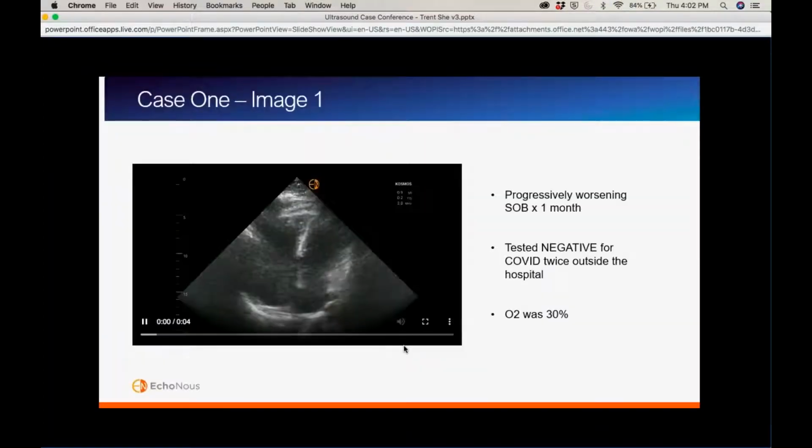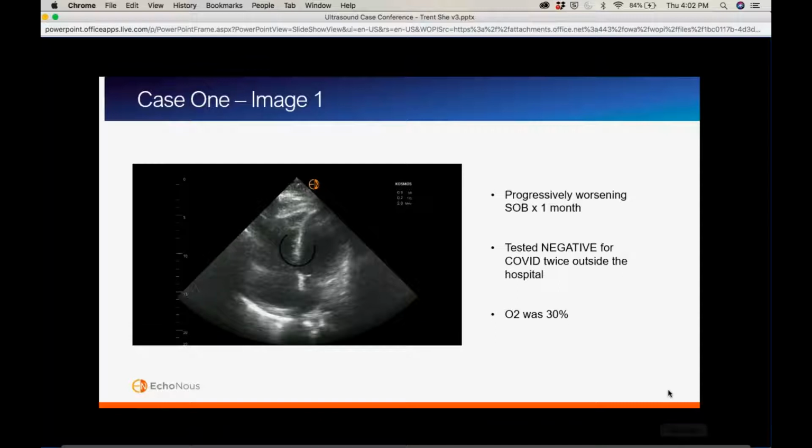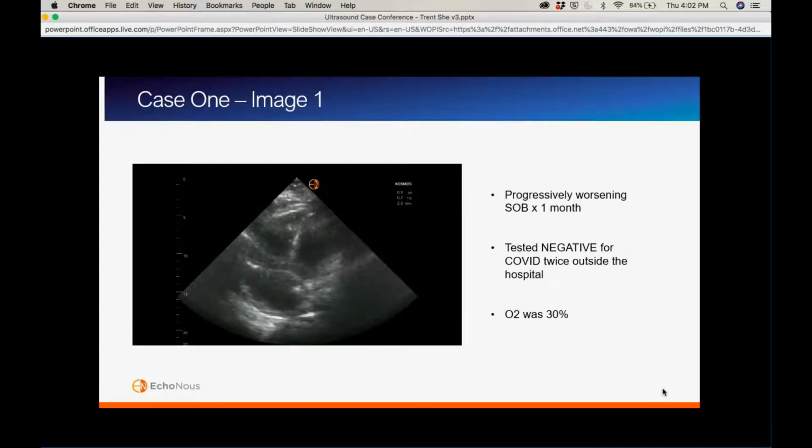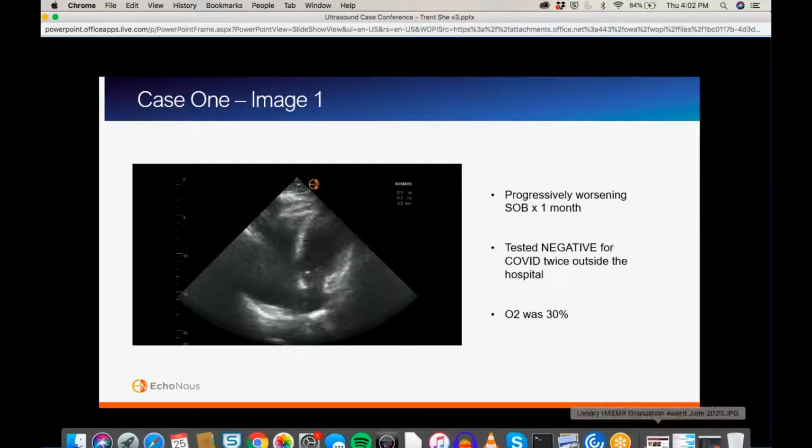All right. So I got this first case. This case is a middle-aged woman coming in with progressively worsening shortness of breath for a month. And this was done maybe a couple of weeks ago during the height of the COVID pandemic.